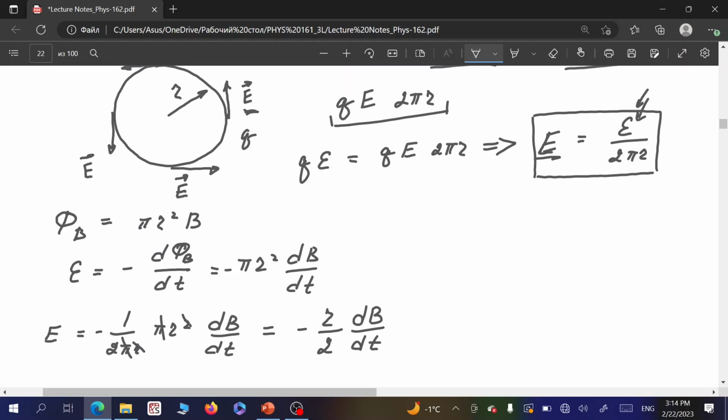That's why we can decouple some conductor and magnetic flux, because we can consider just empty space, and if in empty space we have any time-varying magnetic field, we automatically deal with an induced electric field.